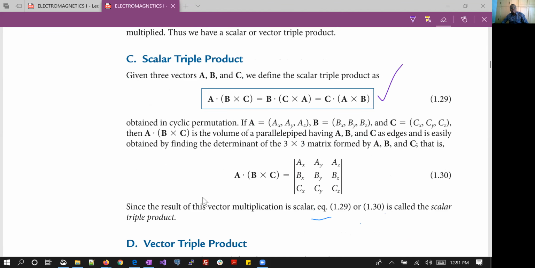Now, let's jump to scalar triple product. And we want to say now that you have three vectors, A, B, and C, and you want to find out the triple product. So triple product always involves one dot and one cross. And they take the shape that is given in question 1 to 9.